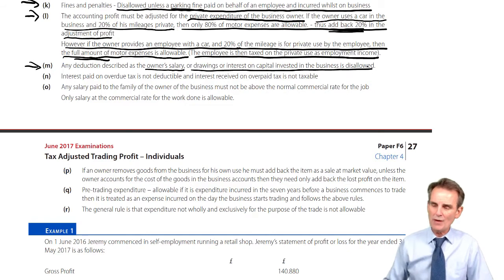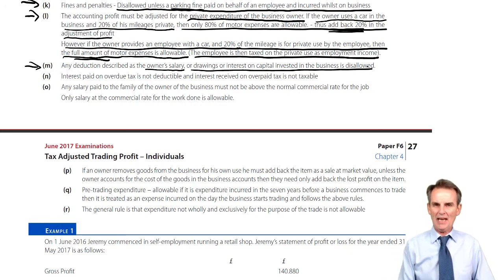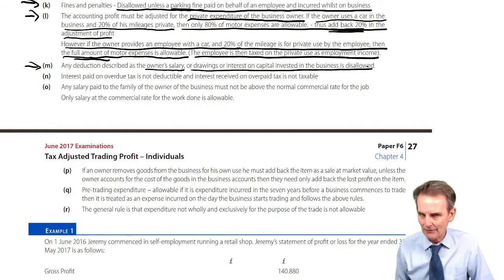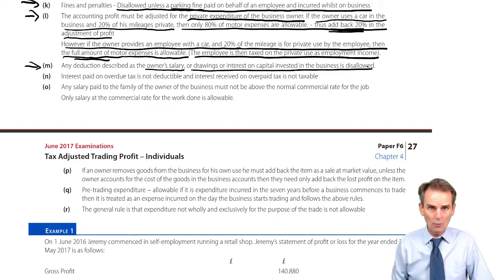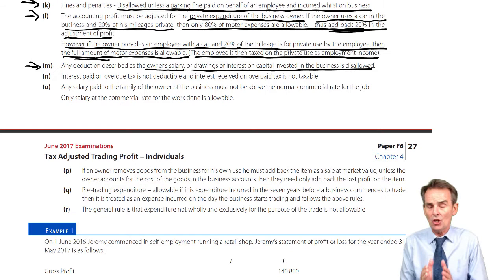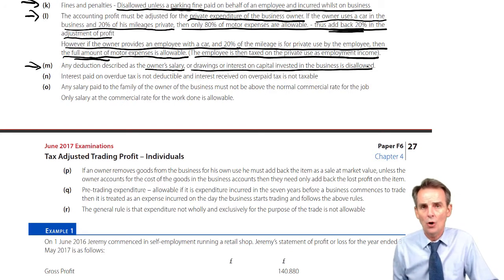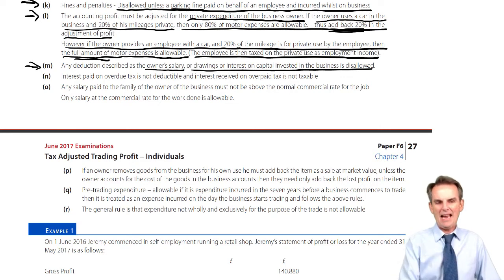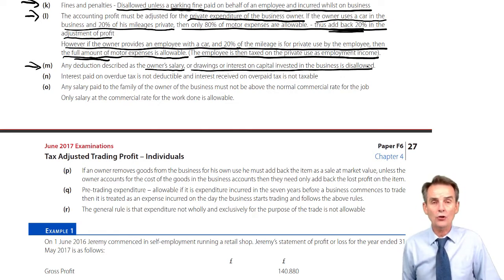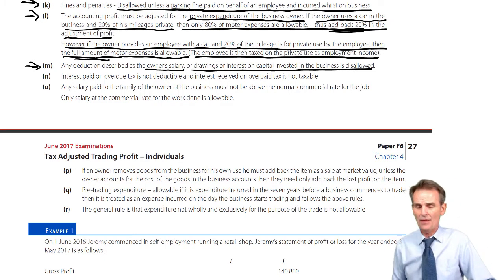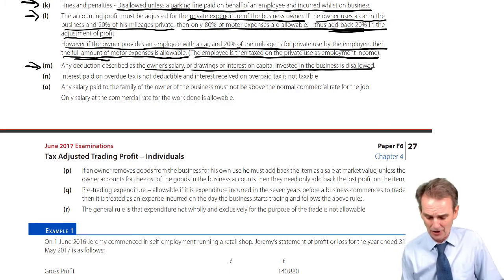Now, they might try to rename it the owner's salary. No, he doesn't have a salary. This is an unincorporated trade. What the unincorporated trader has is an adjusted trading profit. They do not have a salary. So, if you get that management salary, management fee there, those are drawings, and hence they are added back, they are disallowed.